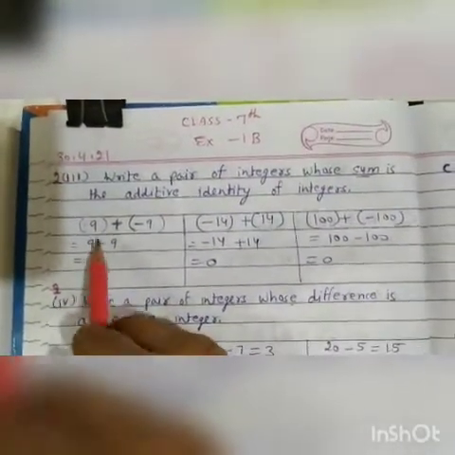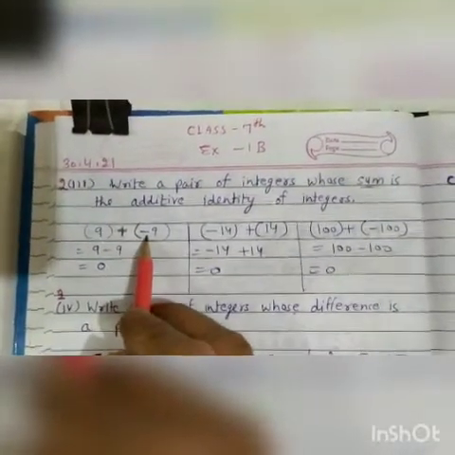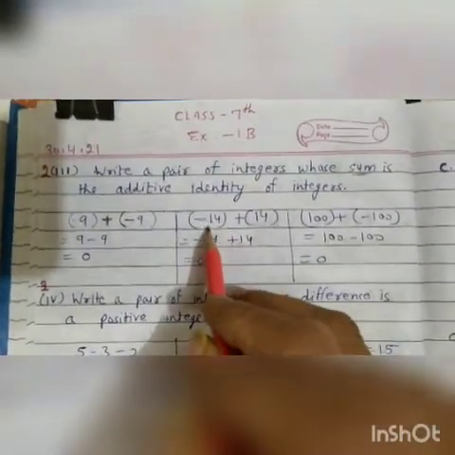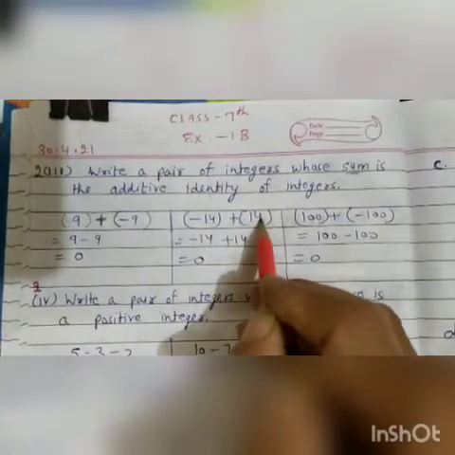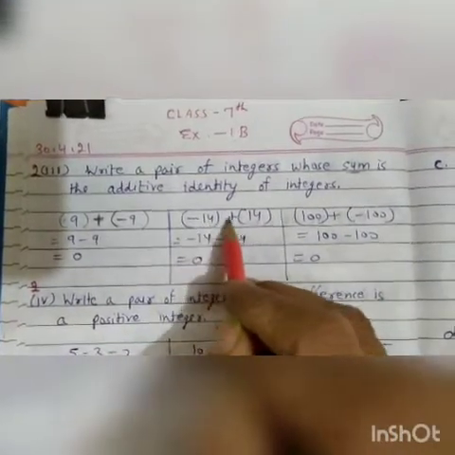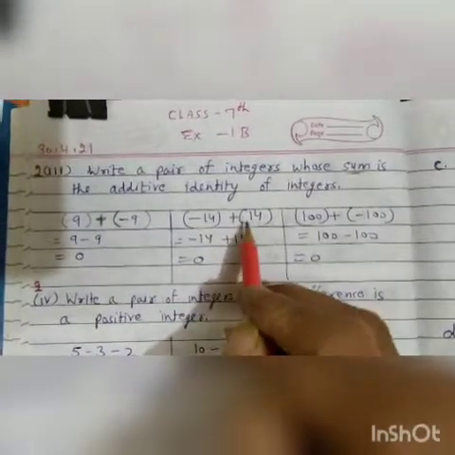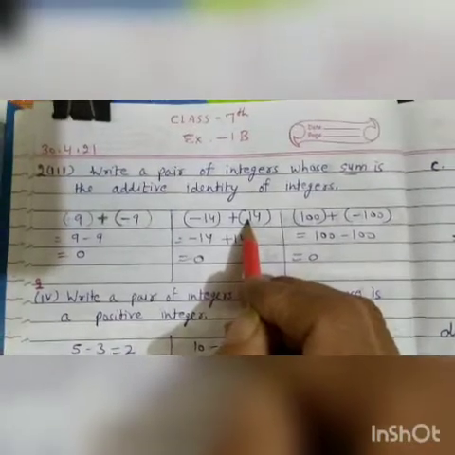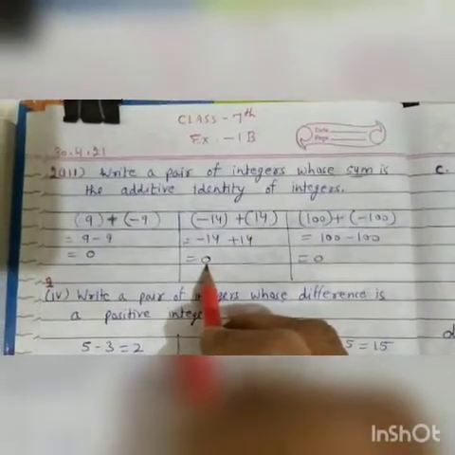But students, it is not compulsory that we write +9 and -9. We can write any integer. See here, I am writing -14, then +14. Both are additive inverses. And when we add them, -14 + 14, we get again 0.